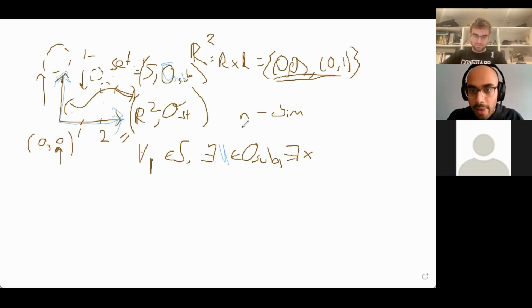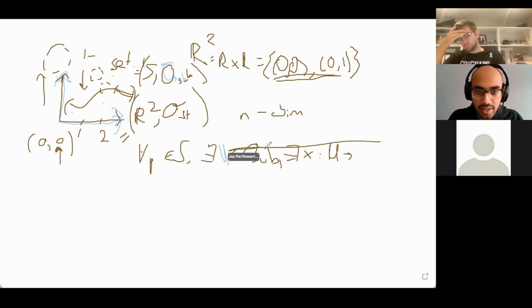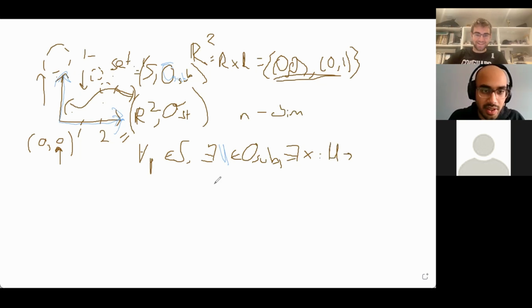So this map X maps U to, oh man, I can't swear, it won't make it onto the YouTube channel. Okay, there exists a U and a map X that maps U to, because we're talking about 1 dimension, R1, right?